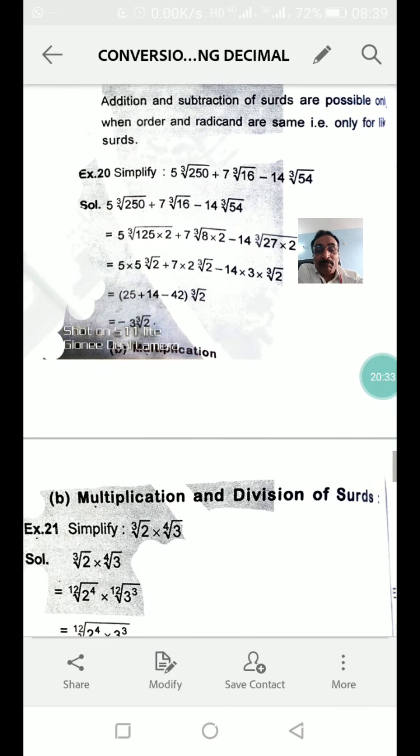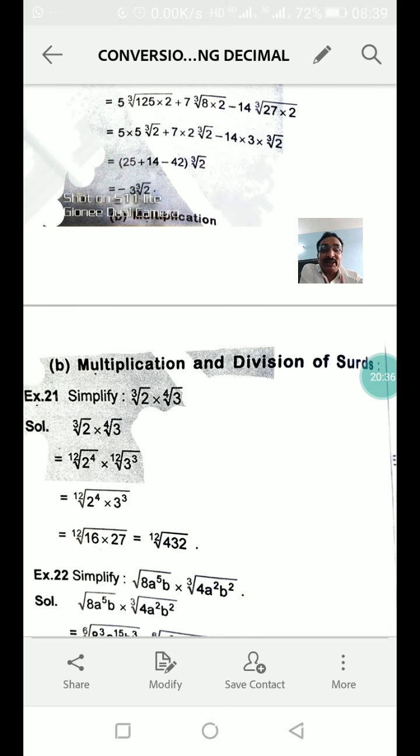Now another example: multiplication and division of surds. In multiplication and division, you do not need the surds to be of the same order. It means if you multiply or divide, they need not be in the same order.